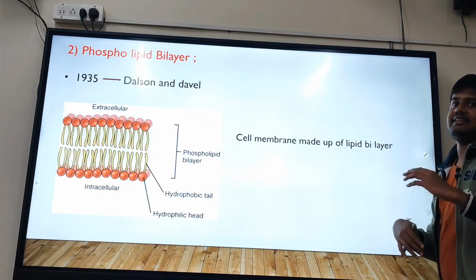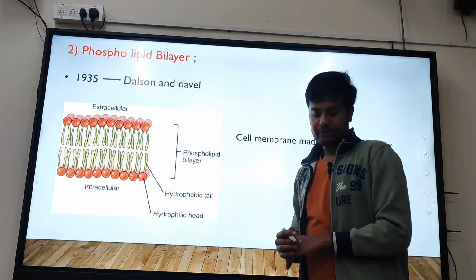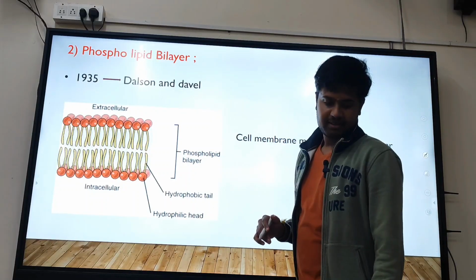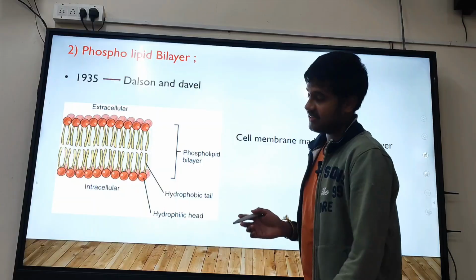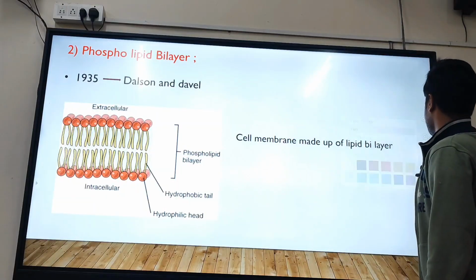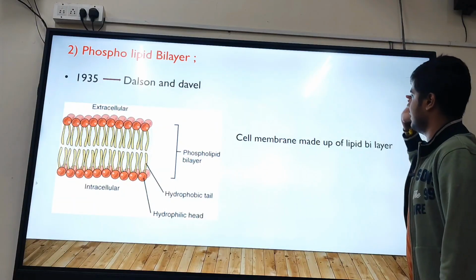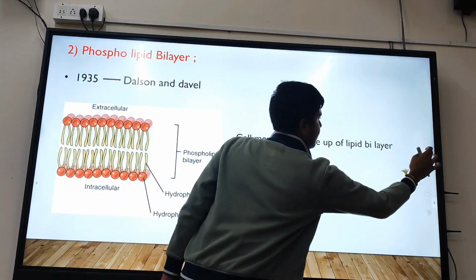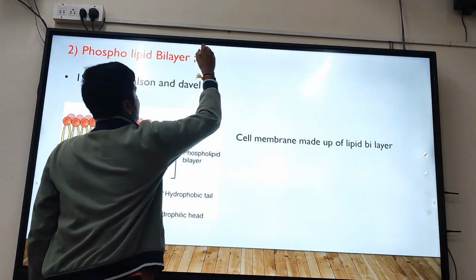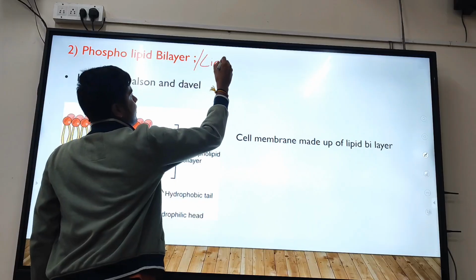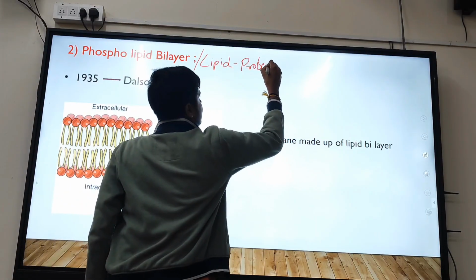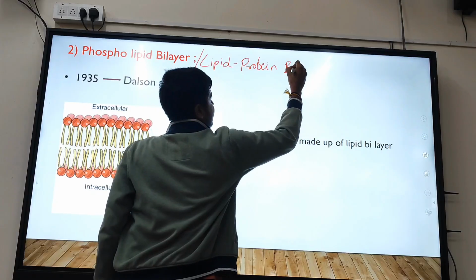After the rejection of the unit membrane, the lipid bilayer, phospholipid, came into existence, that is the lipid protein bilayer.